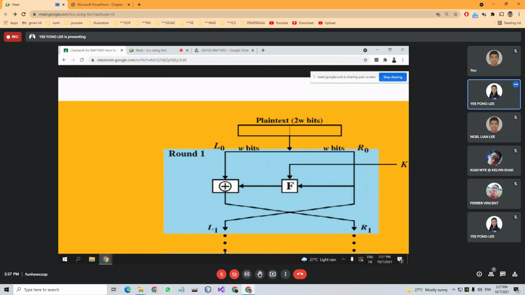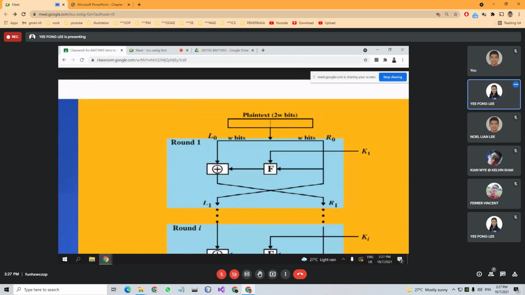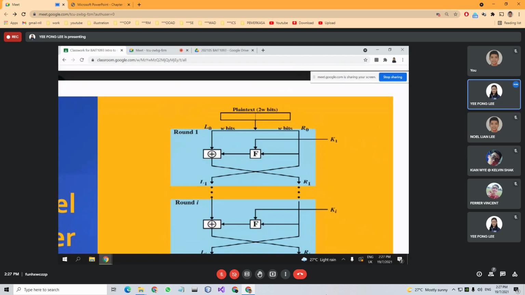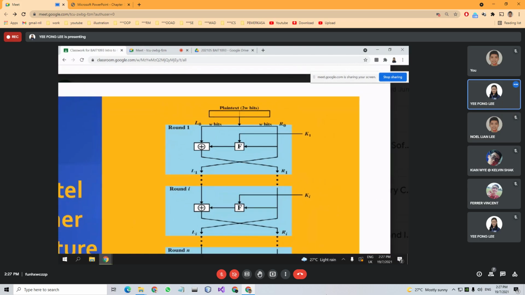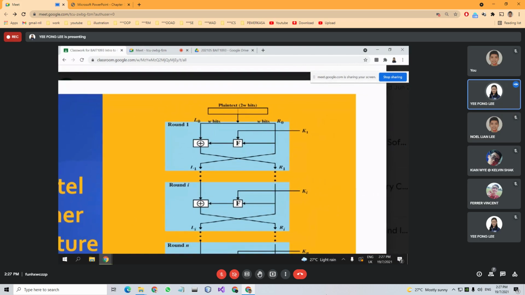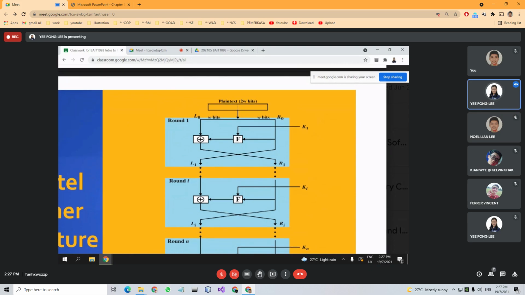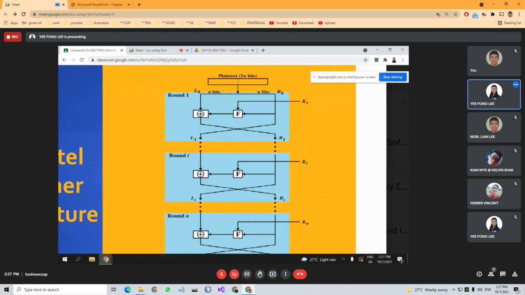The plain text block is divided into left and right halves, L0 and R0. The two halves of the data then pass through a number of rounds of processing and are combined to produce a cipher text block.